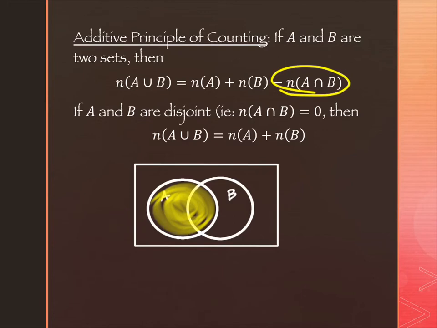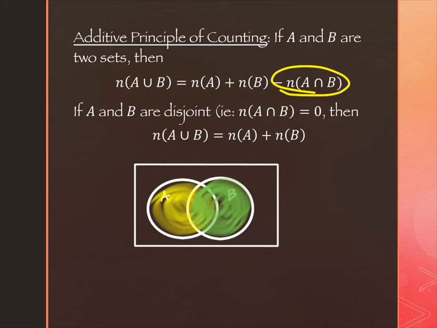And if I were to count everything inside set B, it'd be everything I just highlighted in green. The problem in counting like that is that I double counted the part that's double shaded. I counted it when I counted the yellow shading, and I counted it when I counted the green shading. So I have to remove the double counting, and that's why you have the subtraction of the intersection in the first formula.